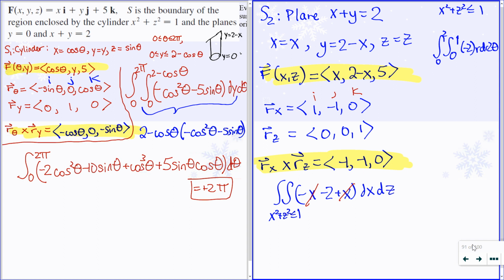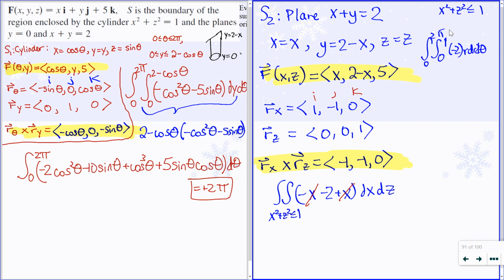Looks like I forgot my pi here. 2 pi. I don't have to change my integrand at all because it is just a number, but I do need to do r dr d theta.